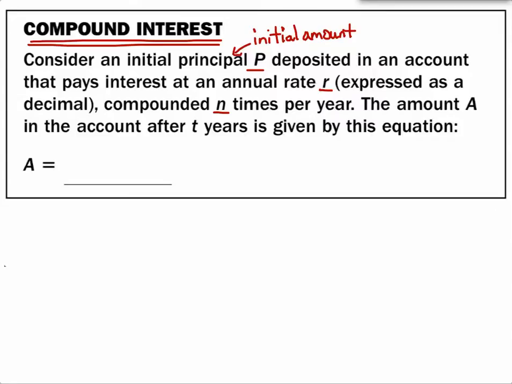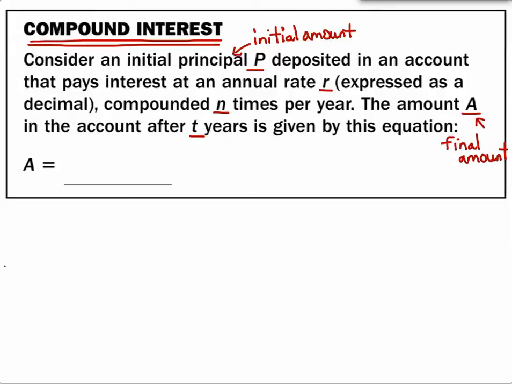And then the amount A after t years. So A in this case is the final amount. After t years is given by, and then here's the formula.